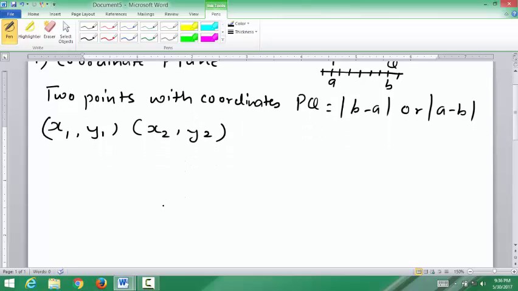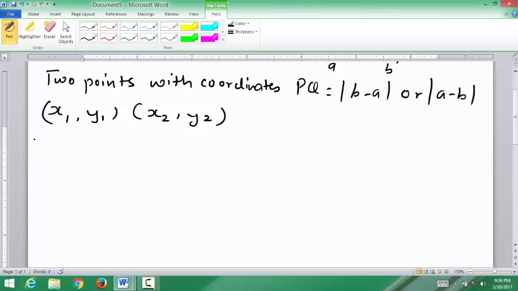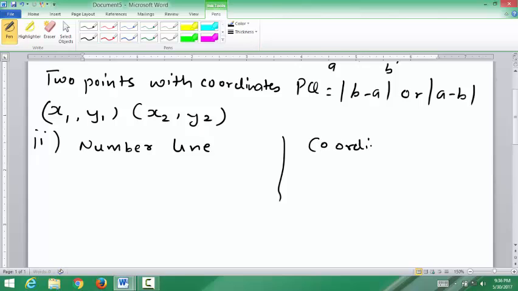Now I'll take another example. Number line and coordinate plane. We'll take the number line and coordinate plane to understand it better. Let's suppose this is the line. We'll mark it 1, 2, 3, 4, 5, 6, 7.